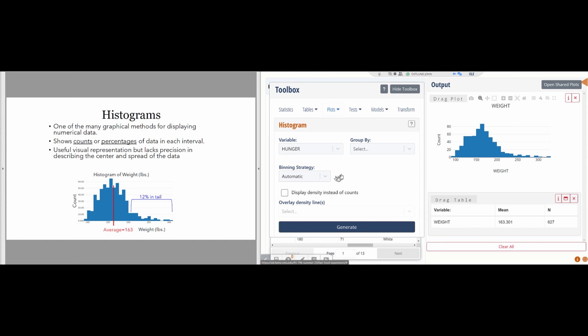histogram here, one of the big problems with histograms is that binning is kind of arbitrary. And if you select a bin size that's too narrow, you get a really choppy looking histogram. And on the other hand, if you select a bin size that's too wide, you don't get any differentiation.